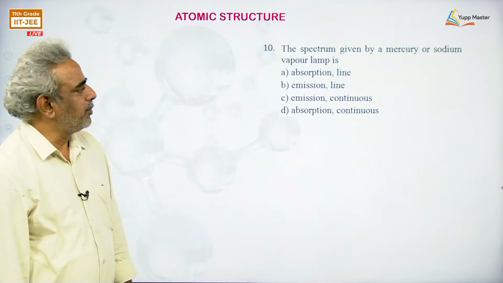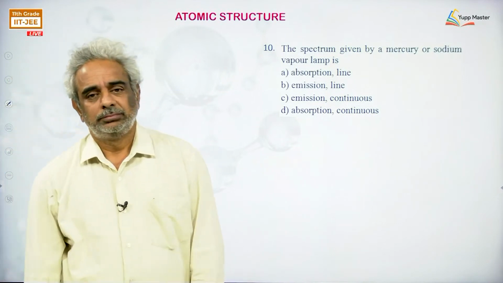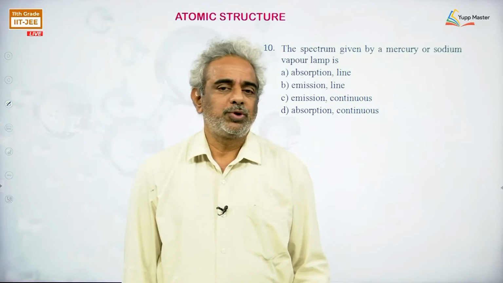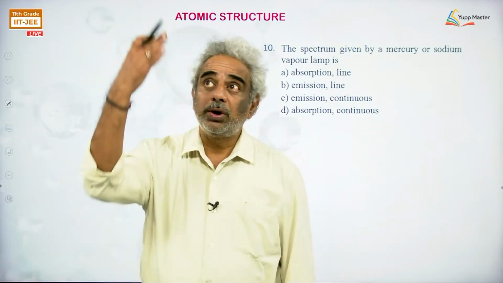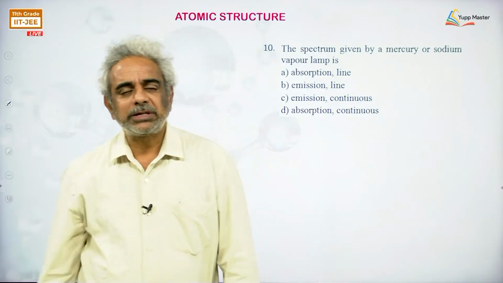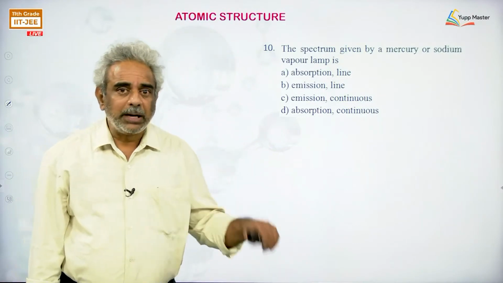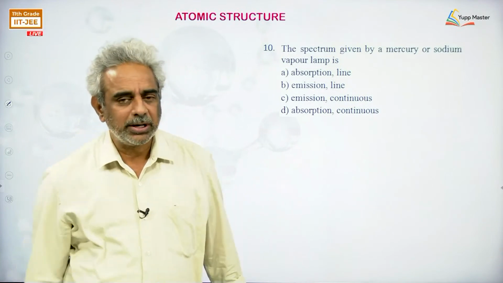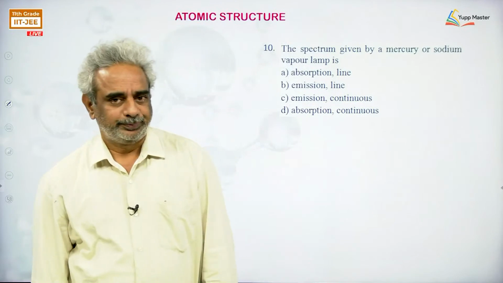The spectrum given by mercury or sodium vapor lamp. Sodium vapor, what does it contain? It is not sodium metal, it is sodium vapor. Vapor always contains free atoms. Sodium metal contains associated atoms, vapor contains free atoms.